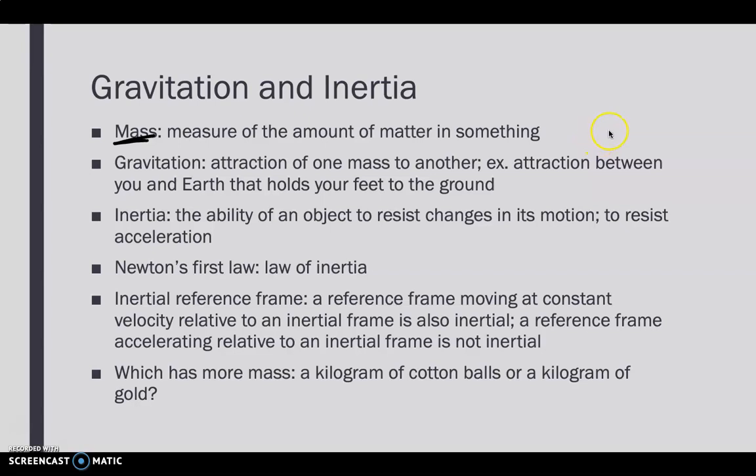That's kind of a misconception. Mass is a little bit different. Mass is the measure of the amount of matter in something. It's not the weight of something, it is the amount of matter in something. Weight is going to be a force, and we'll talk about that in a few slides.